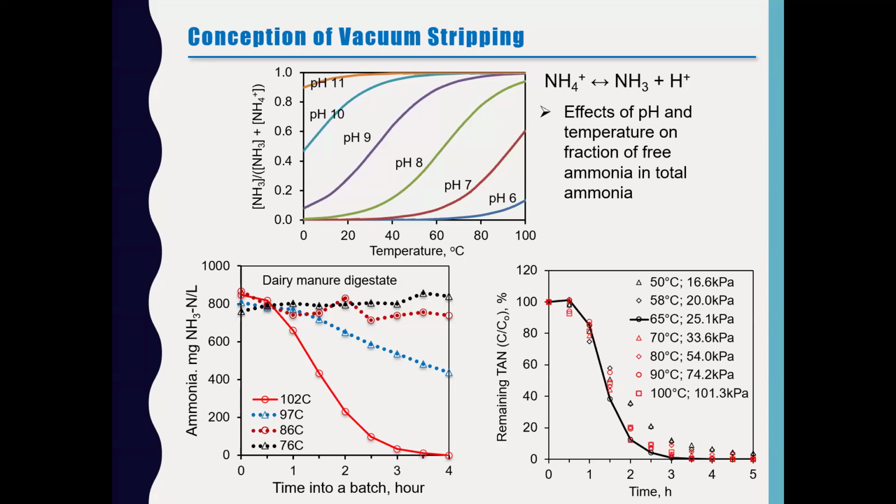We used dairy manure after digestion, and it boils at 102 degrees Celsius. Surprisingly, we found that if it's boiling, it's much more efficient at removing ammonium. At 97 degrees, just 5 degrees lower, ammonia removal was much slower.